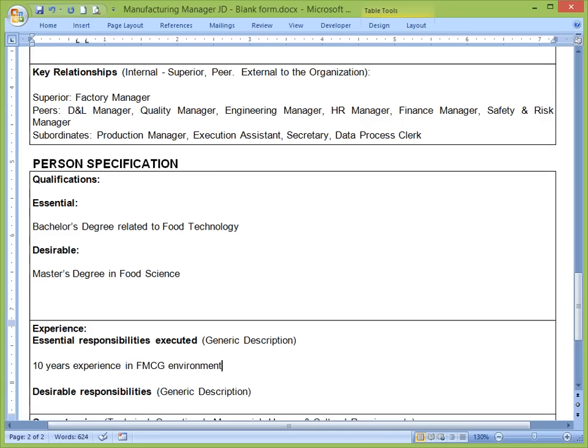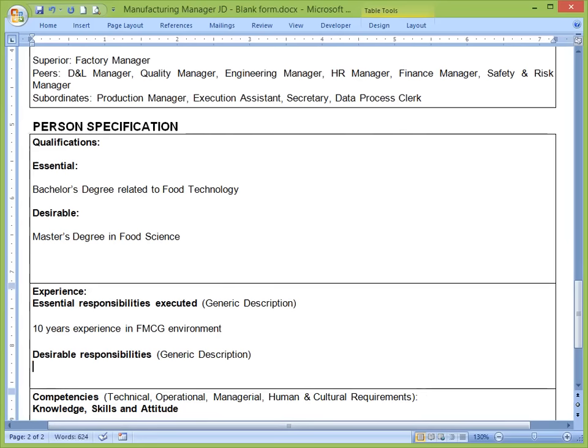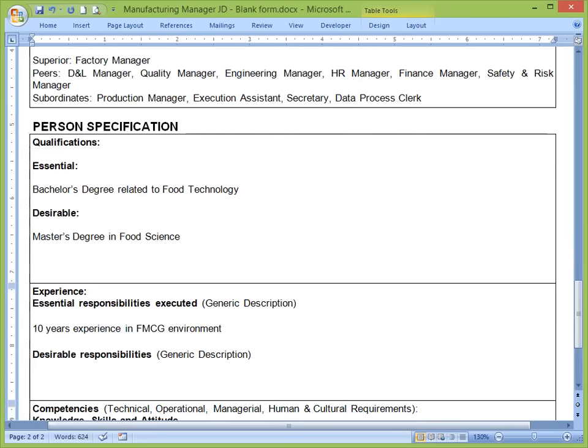You just put FMCG, fast moving, because you're also dealing with storage and cold chain. So you maintain the integrity of the products by having cold storage or reefer vans, etc. This is part of the cold chain environment, because they are perishable, like poultry products, frozen or fresh chicken.